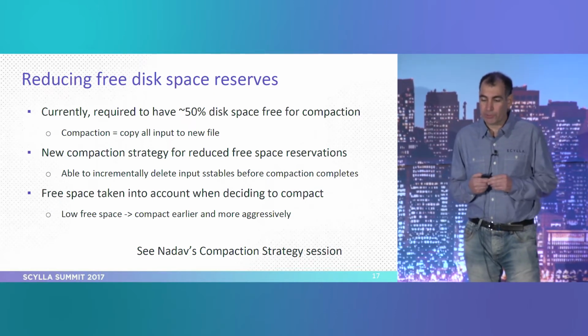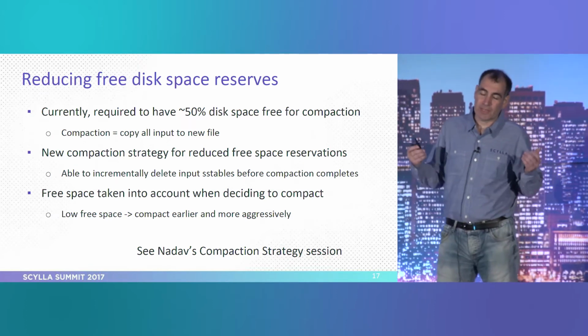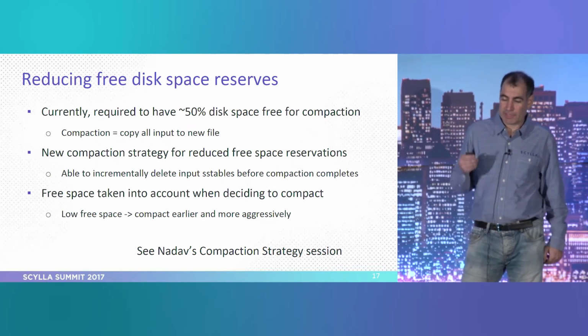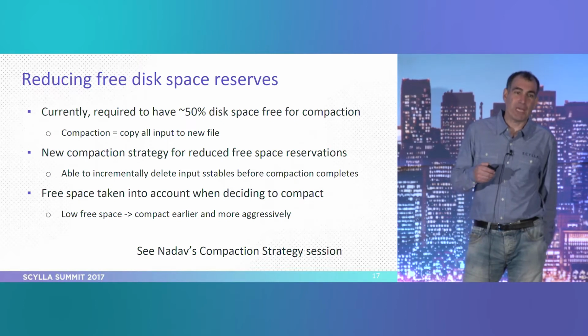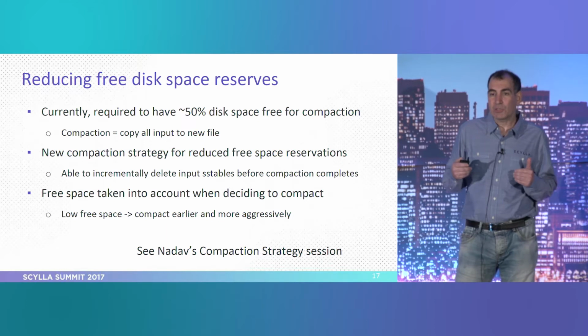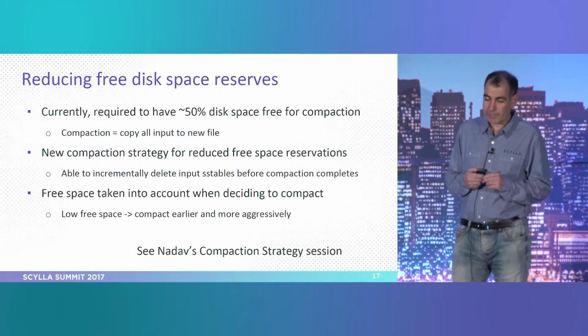And what we're doing to improve that is having a new compaction strategy that has a temporary name, hybrid compaction strategy, that will reduce the amount of temporary space needed, and you will be able to have smaller space reserves and larger utilization of your disks.